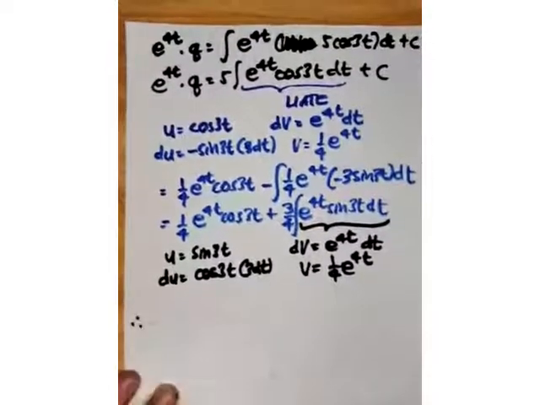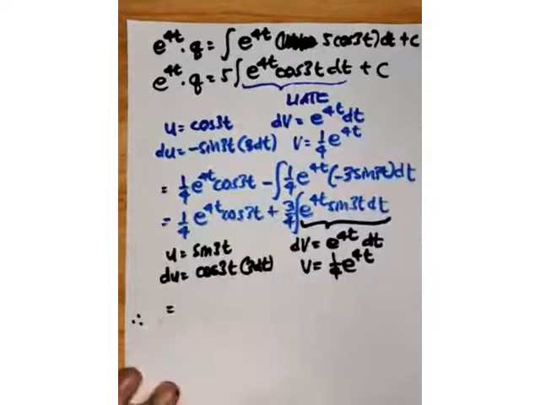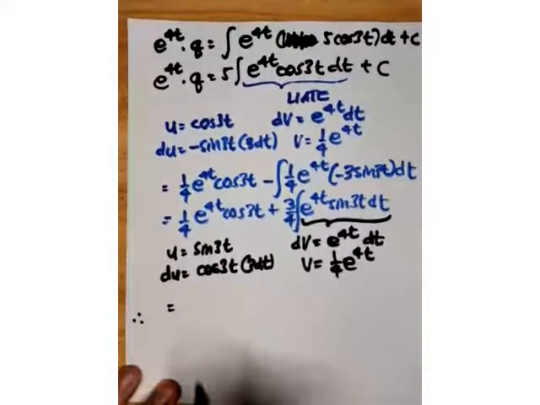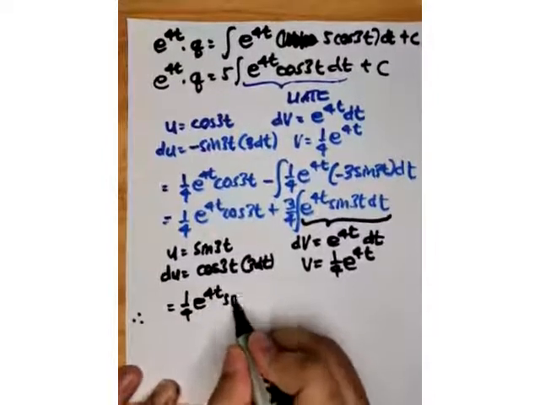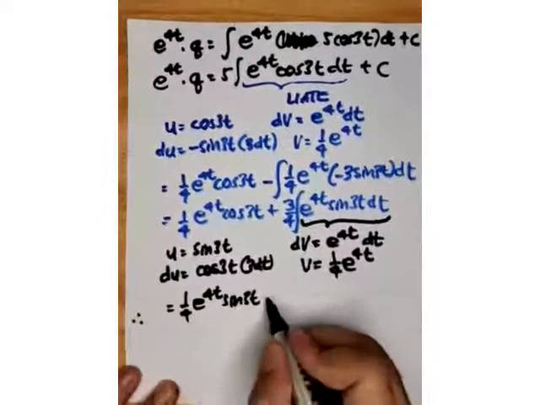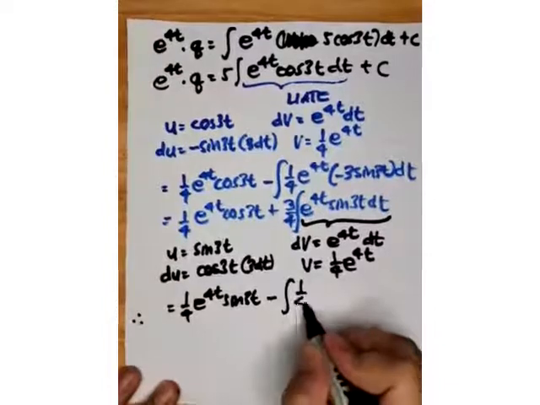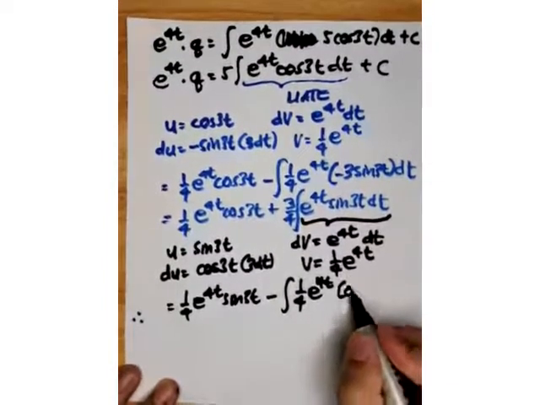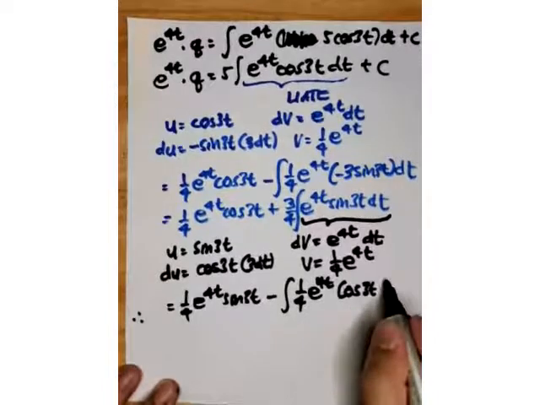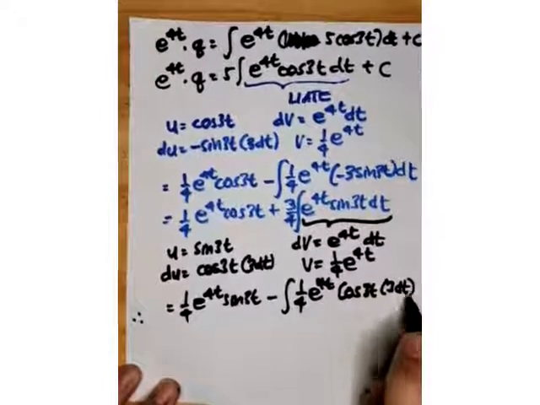So therefore, our answer is uv, so that means 1/4 e raised to 4t sine 3t minus the integral of v du. So 1/4 e raised to 4t times cosine 3t 3 dt.